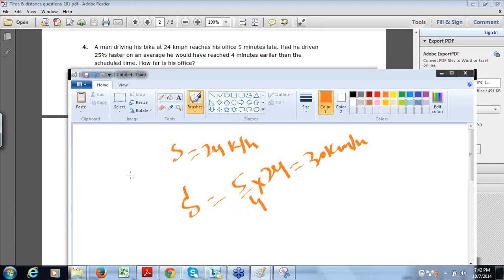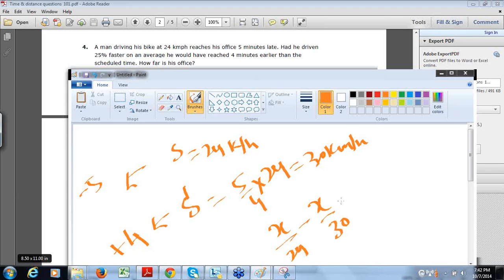With the first speed he was late by 5 minutes, and with this one he was earlier by 4 minutes. So the distance x upon 24 minus x upon 30 is nothing but the time difference, 9 minutes.